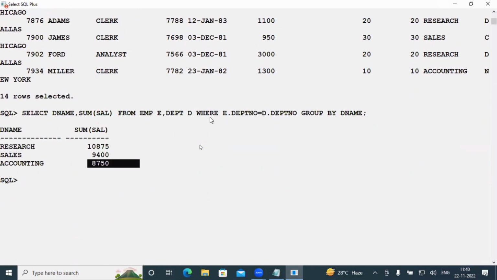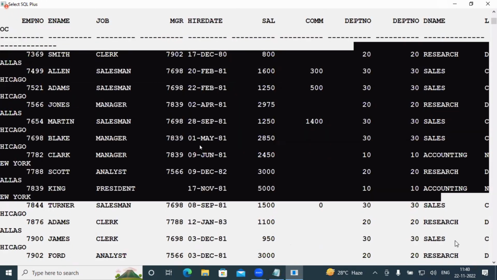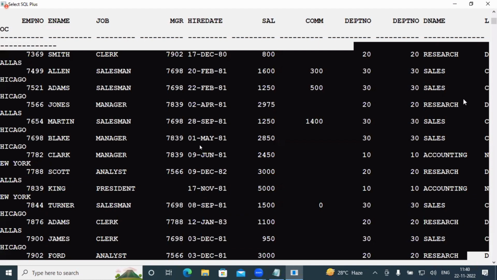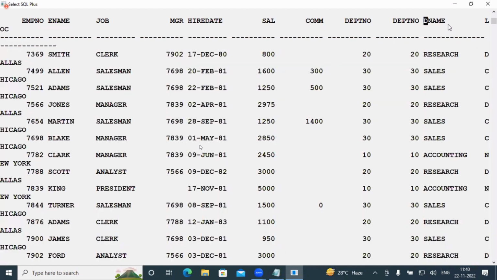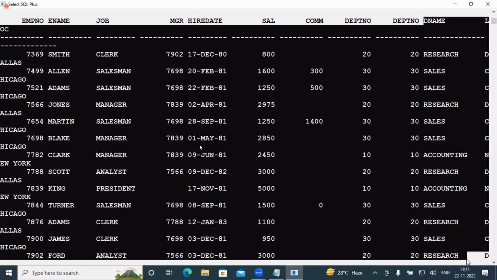So first the two tables are joined. After joining the data, we applied group by. On this joined data, I'm applying group by on department name. In this department name column, every different department will be separated.